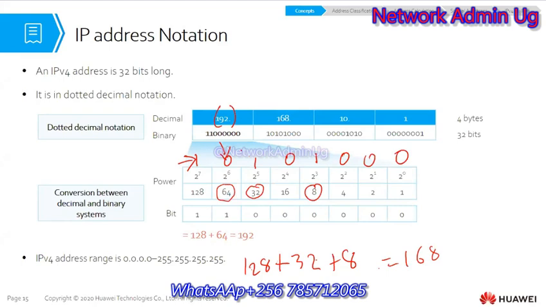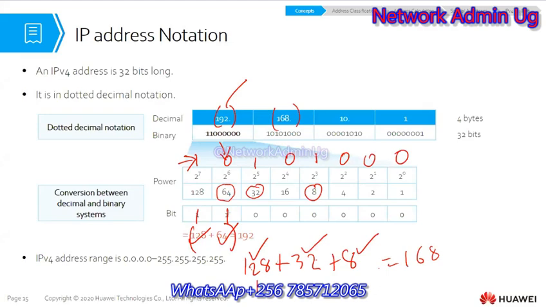For example, for us to get 192, we add 128 plus 64. It means these two must be turned on. That is why you have 1 and 1 here. For us to get 168, we need to add 128 plus 32 plus 8.